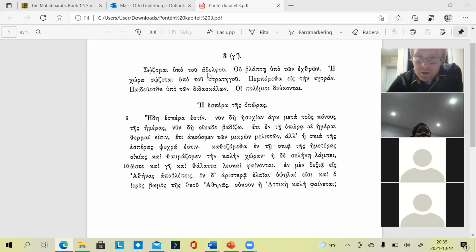So this is the agent, the one controlling the action, the brother. So I am saved by my brother would be a good translation in English. Or I am saved by the brother. Because, as I said, this definite article tu can have also this possessive meaning, indicating that it's my or his or hers, but it can also just be a normal definite article like the. So very good.